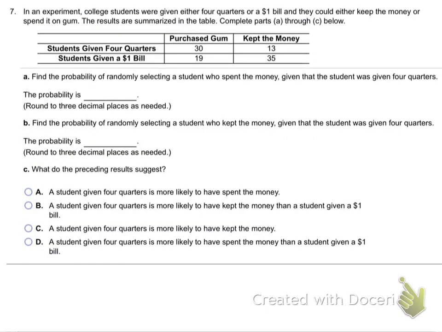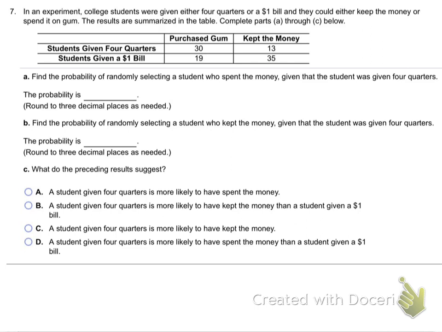In an experiment, college students were given either 4 quarters or a $1 bill, and they could either keep the money or spend it on gum. The results are summarized in the table. So they're doing an experiment. You get the idea of the experiment? They're giving $1 to some college students, and 4 quarters, which is $1, to other college students.